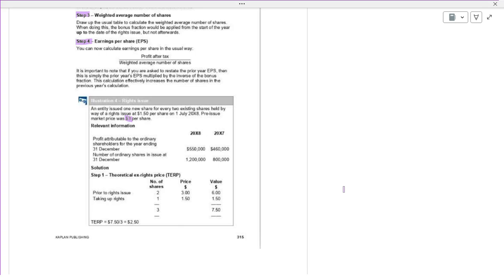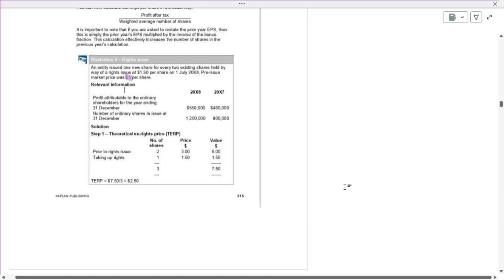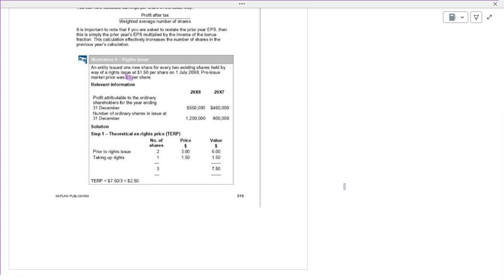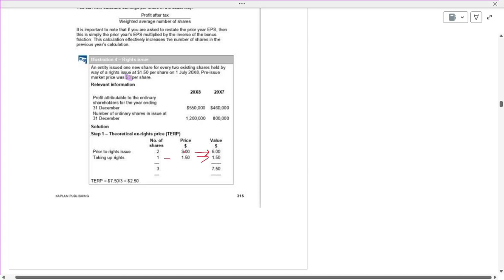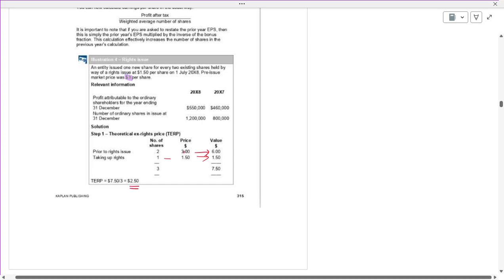How many shares on 31st December 2008? 1000. Step 1, calculate the theoretical X price. 2 shares into 3 comes to 6. 1 share into 1.5 comes to 1.5. The theoretical X price is 2.5.